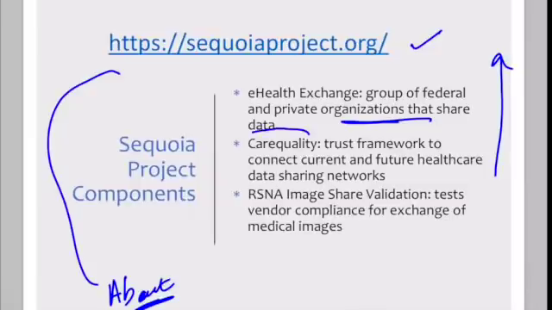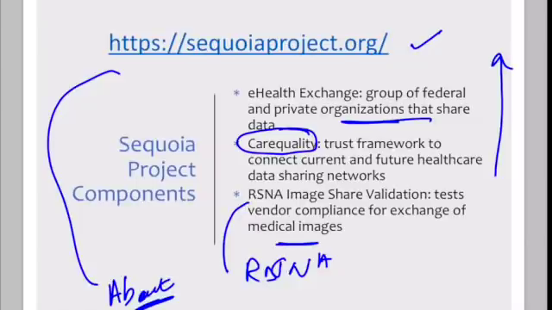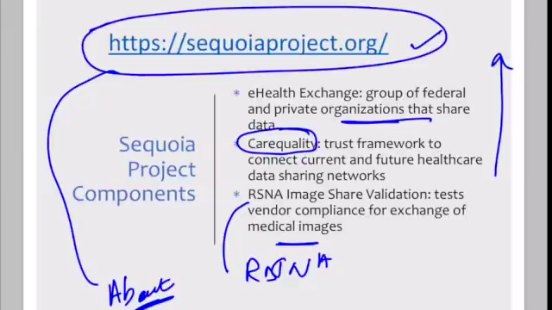They branded it Carequality. Organizations like the Radiological Society of North America, RSNA, share test vendor compliance and exchange of images. Organizations like RSNA are connected to share and exchange data among different organizations. You can find more details on this website.